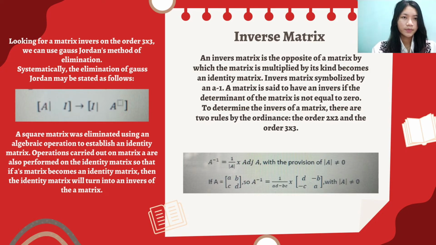The example: a square matrix is eliminated using algebraic operations to establish an identity matrix. The operations carried out on the matrix are also performed on the identity matrix, so that if a matrix becomes an identity matrix, then the identity matrix will turn into an inverse of the matrix.